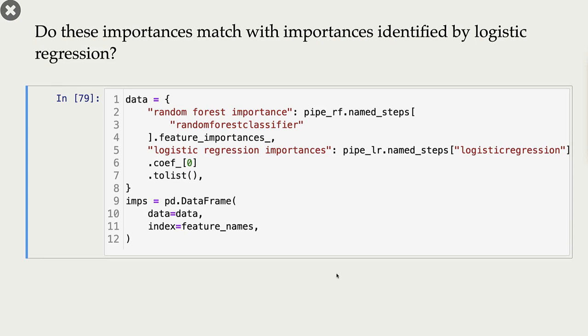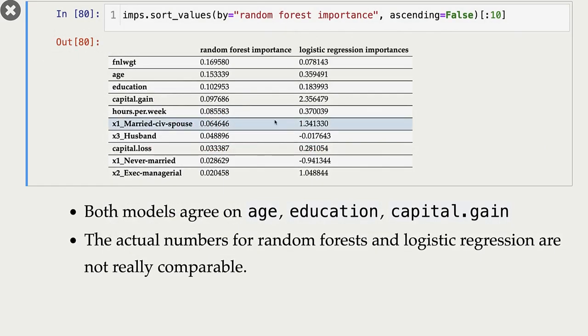Let's check whether these importances match with importances identified by logistic regression model. So I'm showing you feature importances by random forest model and feature importances by logistic regression model. We see that both these models agree on age, education, and capital gain.